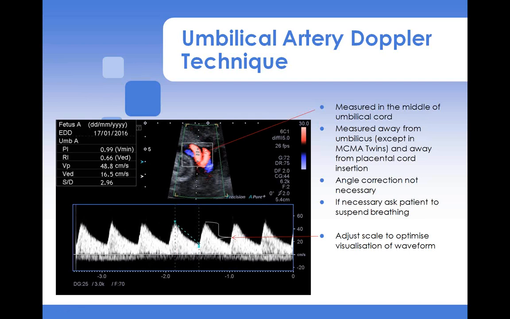The reason is that on either end the readings can be a bit unusual, and might not be truly representative of the Doppler. Because we are measuring resistive index, angle correction is not necessary. If you're not getting a clean trace, you may ask the patient to hold their breath, and remember to optimize the scale to better visualize the waveform.